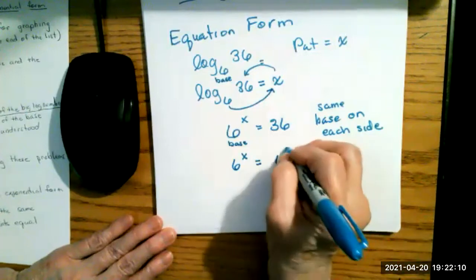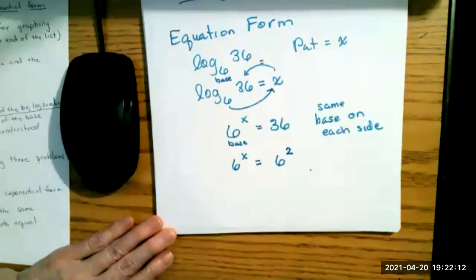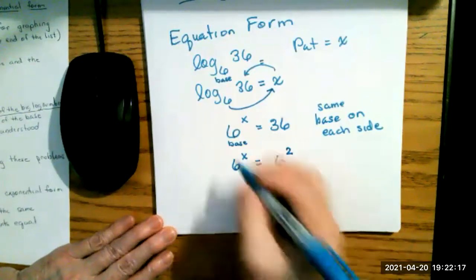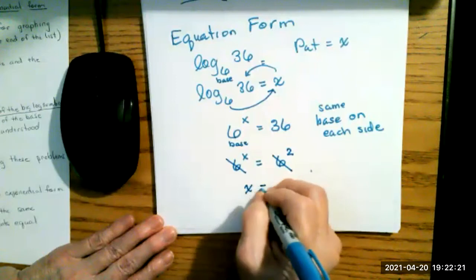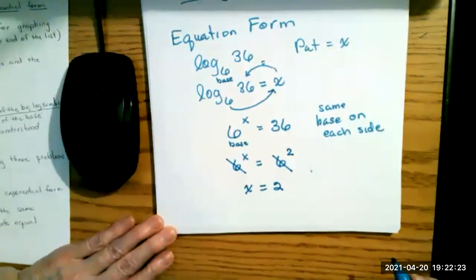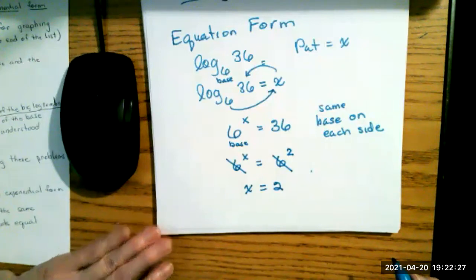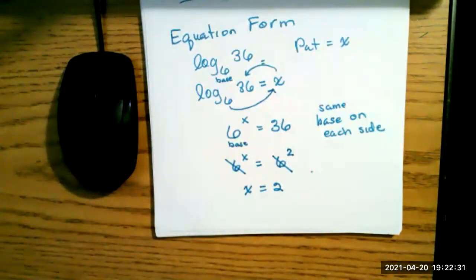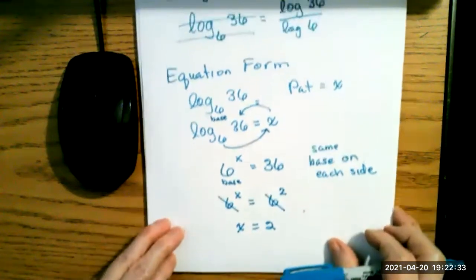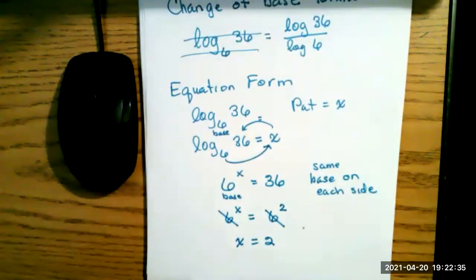Squared. 6 squared is 36. Now once you get the bases the same, you can cancel off the bases and set your exponents equal, and you get your answer. And we knew it was 2 because we did it on our calculator earlier. Okay, so that's what we need to know to work these problems.